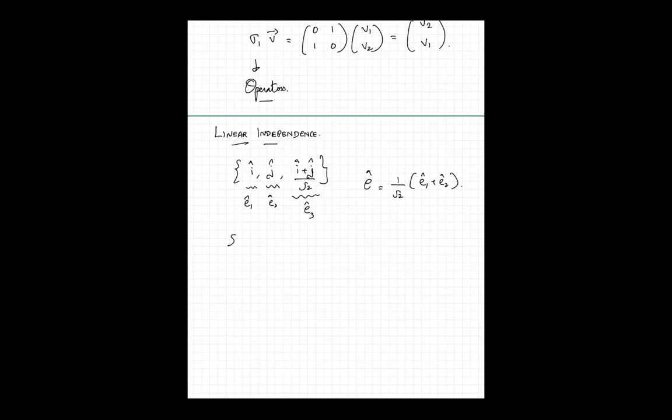Suppose we have a set of vectors xi, where i can be anything, 3, 4, 5, 6, 7, 8, whatever it is. Suppose I form a vector equation of this form, sum of ai xi equal to 0. If I am able to write down a nontrivial solution for this equation, then the vectors xi are linearly dependent. If the only solution of this equation is all ai equal to 0, then the vectors are independent.